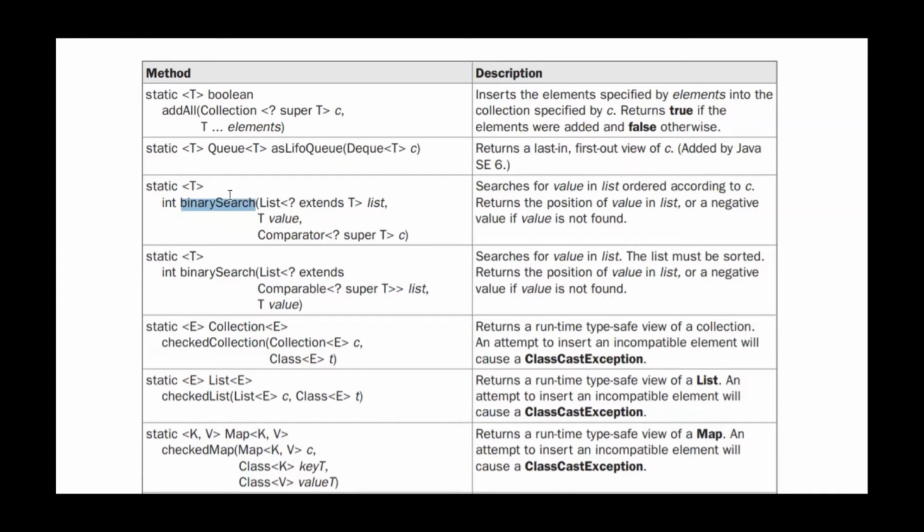If a value is found, it will return its position in the list, and if a value is not found, it will return a negative value. The list must be sorted here, and it returns the position of the value in the list if it is found, and negative if the value is not found.